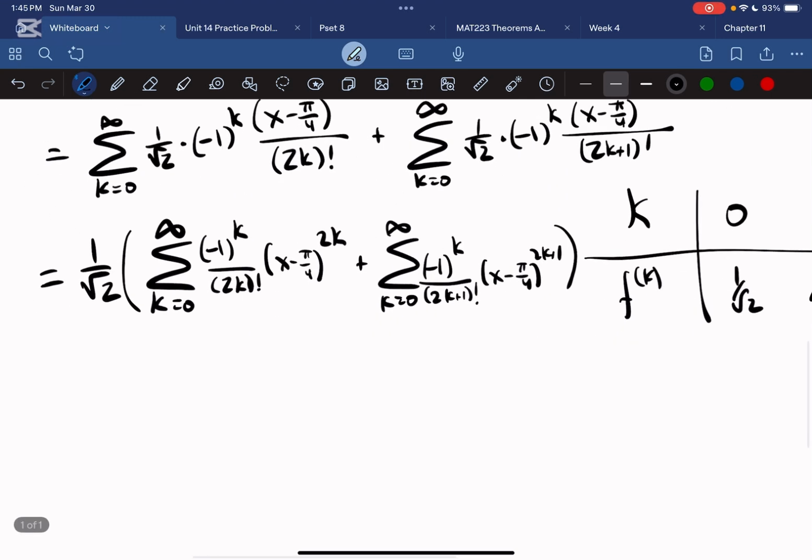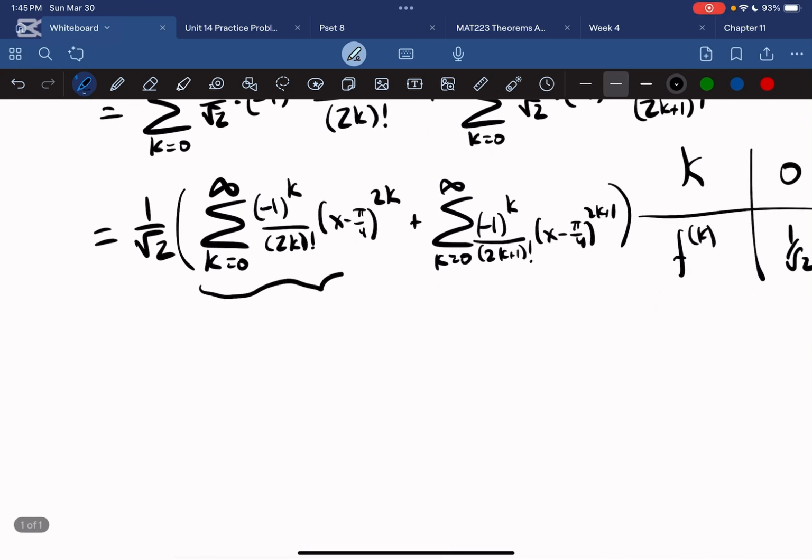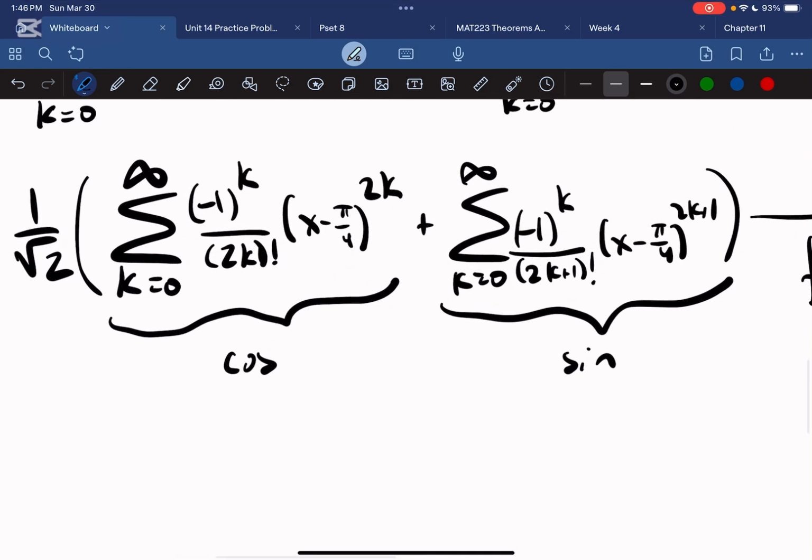And what do we see here? Well, this is our cos, right? And this looks like sine, right? When we talk about the Maclaurin series. But we have this minus pi over 4.